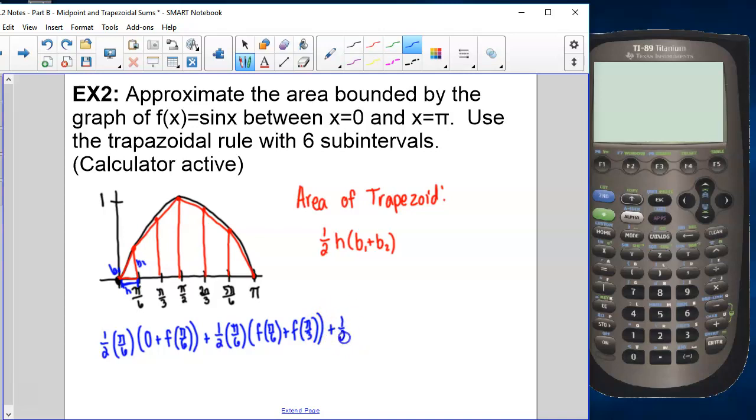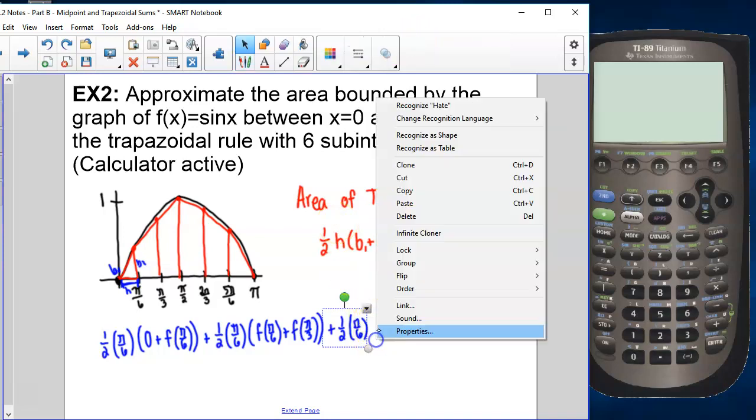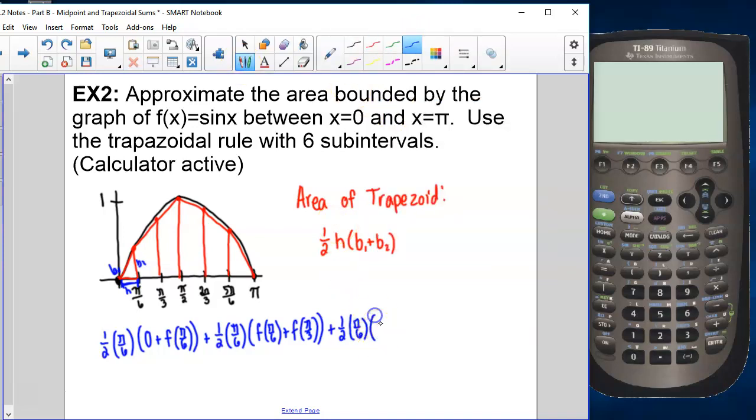Then I'd have 1/2 times pi over 6 times f of pi over 3 plus f of pi over 2.